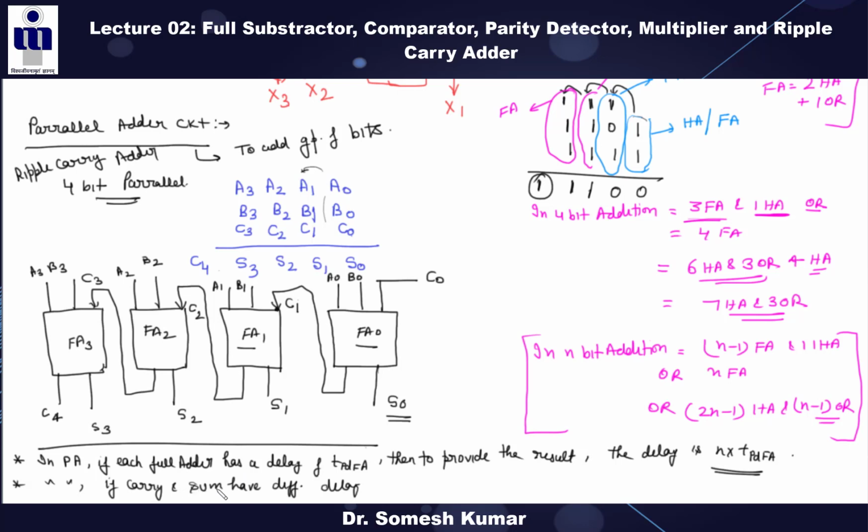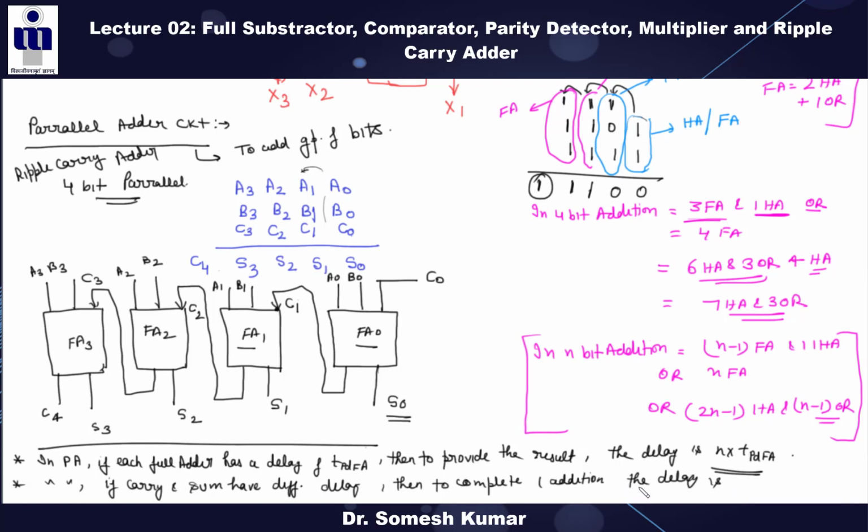If the sum and carry have different delays, then to complete one addition, one complete process for the n bits, what is the delay?